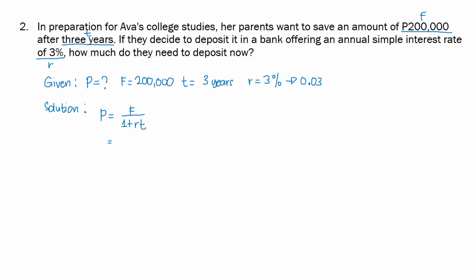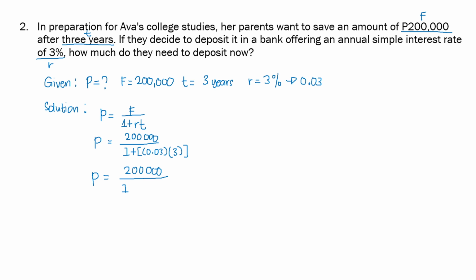So our final value is 200,000 divided by 1 plus our rate, 0.03. Time is 3 years. So simplify the denominator, copy the numerator, 200,000.